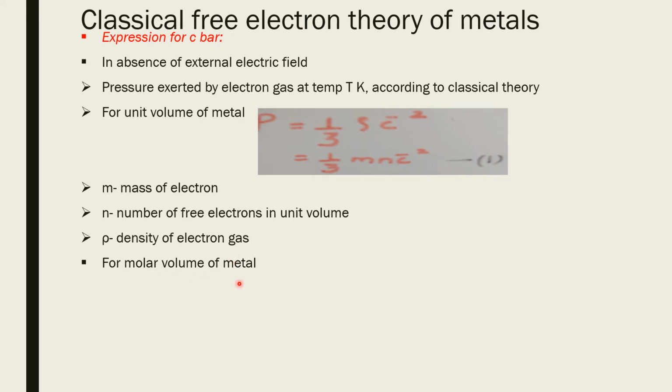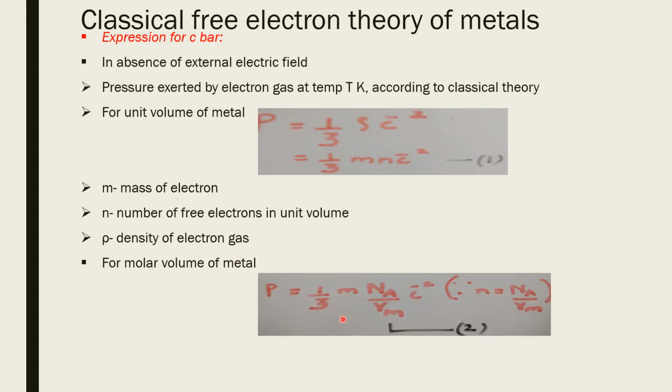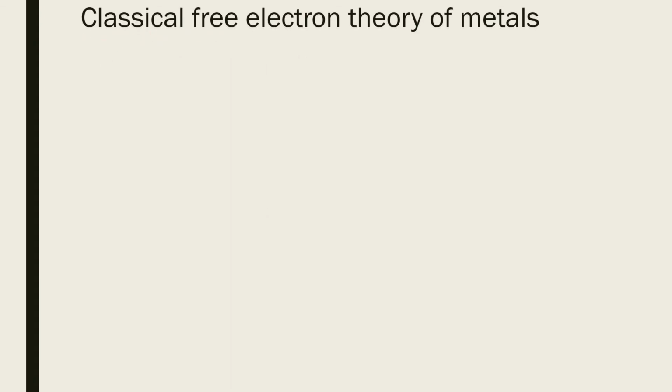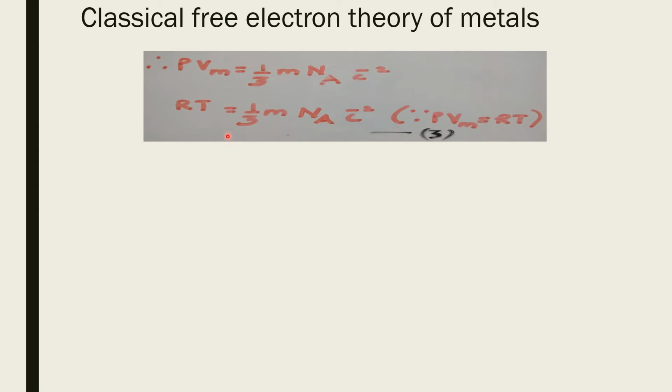For molar volume of metal, we will substitute in place of n, Na upon Vm. So this becomes 1 by 3 m into Na upon Vm into c bar square. This is equation number 2, where Na is the Avogadro's number and Vm is the molar volume. Therefore, PVm is equal to 1 by 3 m into Na c bar square.